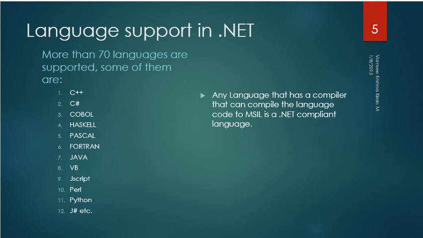The languages that have a compiler that can compile the language code into MSIL. MSIL is Microsoft Intermediate Language. So a language whose compiler can convert the source code into Microsoft Intermediate Language can be compiled by the .NET Framework. In order to execute on the .NET Framework, your language should be a .NET compliant language.